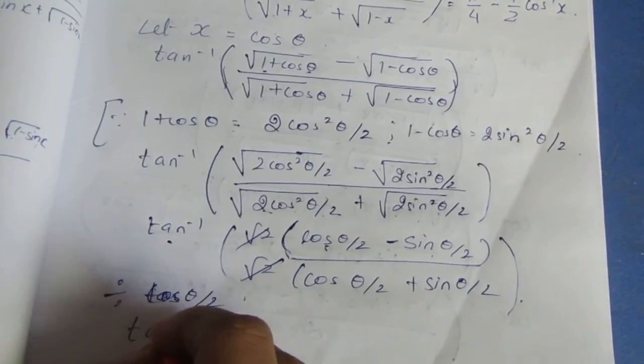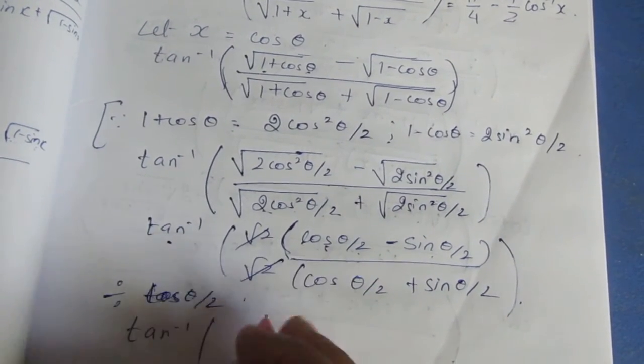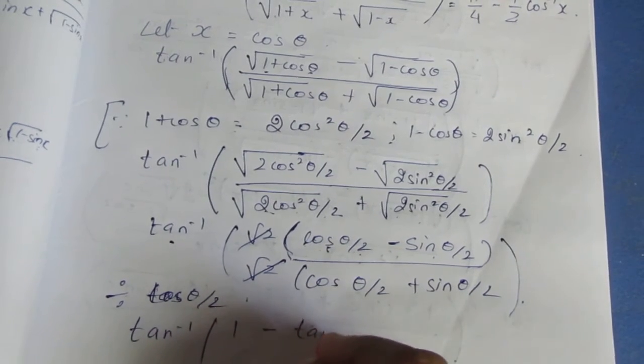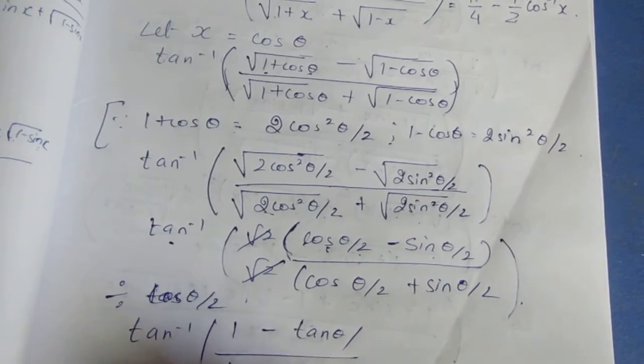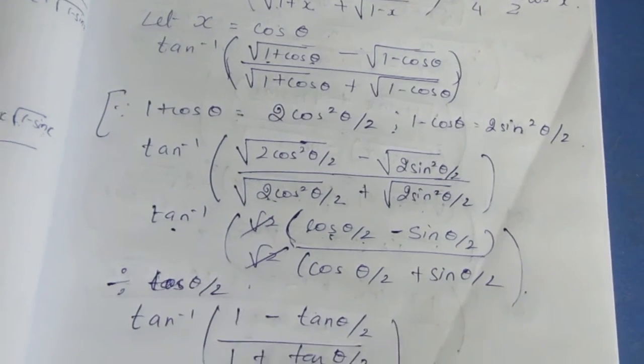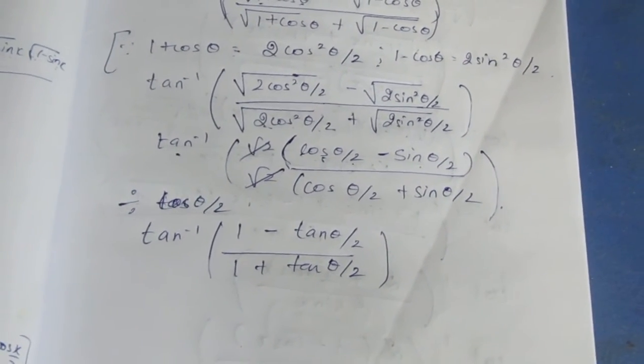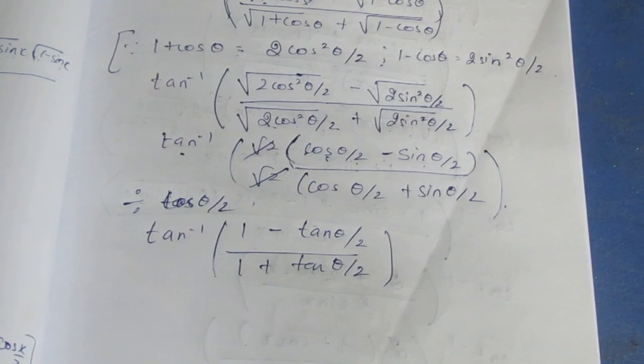So tan inverse, by dividing with cos theta by 2 it gets cancelled and it becomes 1 minus tan theta by 2, in the same way by 1 plus tan theta by 2. So we have got the form tan inverse of 1 minus tan theta by 2 by 1 plus tan theta by 2.